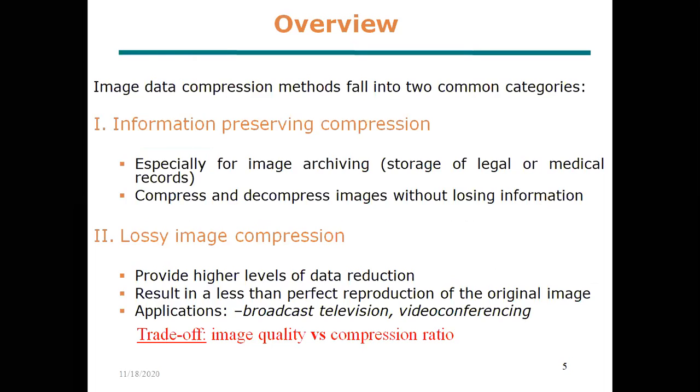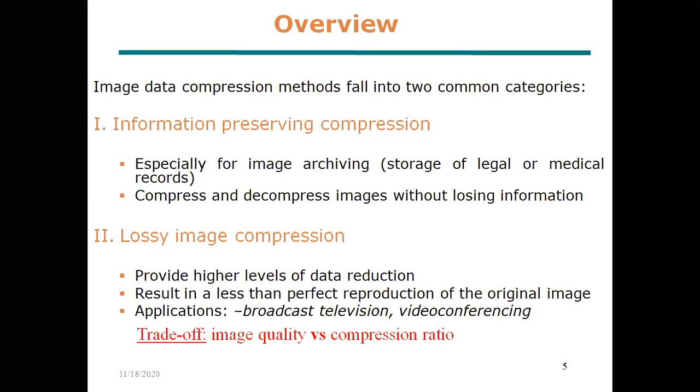Especially for image archiving, that means if you want to store images in the form of archives, for example, storage of legal or medical records in a systematic order, we can use this information preserving compression.